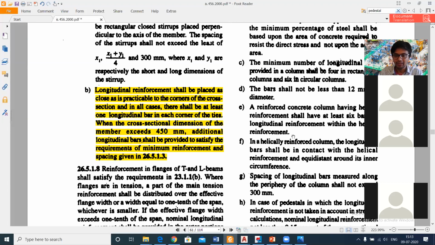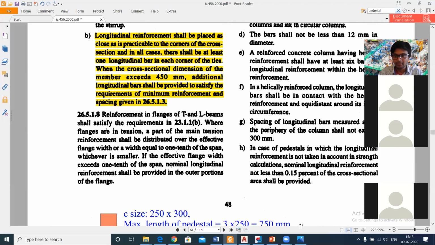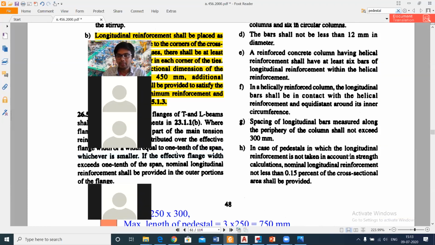If you can design the loads directly for the column and the footing, then it is not needed. Here it is written: in case of pedestals in which the longitudinal reinforcement is not taken into account in strength calculation, a nominal reinforcement of 0.15% is provided. So it is not required that you take the pedestal as a design member. You can simply provide it for additional safety if you think it is required.